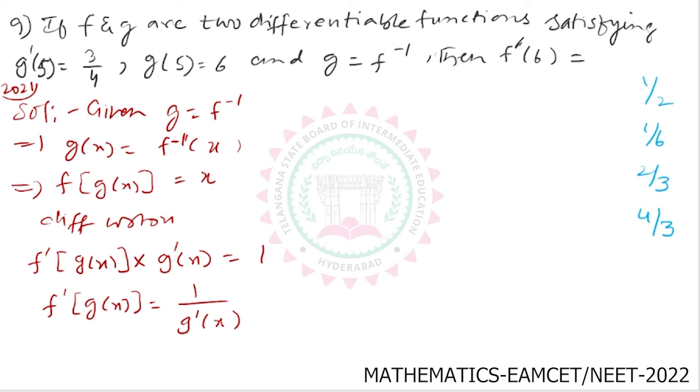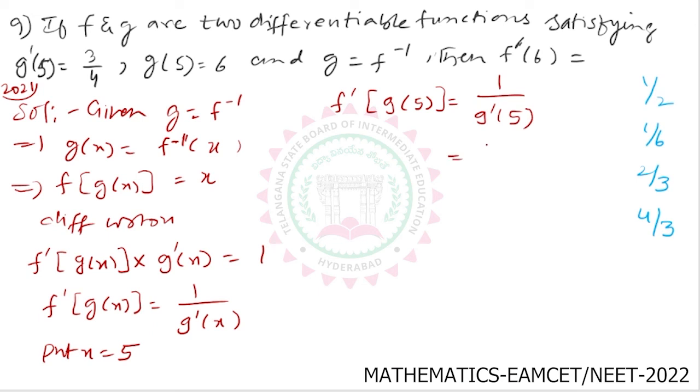Now, if I substitute x equal to 5, what am I getting? f dash of g of 5 is equal to 1 by g dash of 5. What is g dash of 5? It is nothing but 3 by 4. Now what is g of 5? g of 5 is 6. So this can be written as f dash of 6.